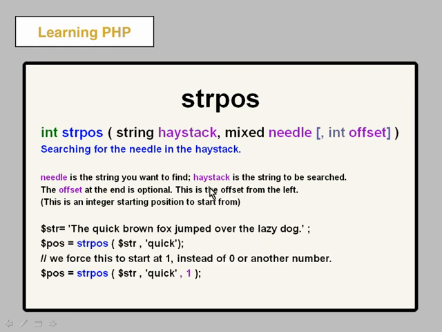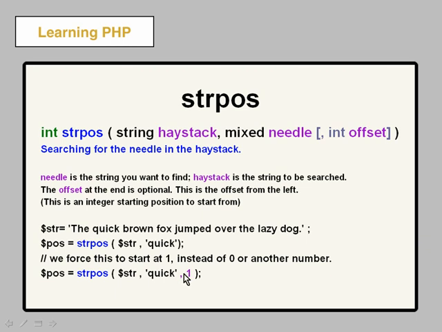Okay, so if we look at the example, both lines of code here are actually going to do slightly different things. If our string is the quick brown fox jumped over the lazy dog, then we can start from that first character, which is actually the 0 character at the T, and we can start to look for quick, and it's going to be found right here.